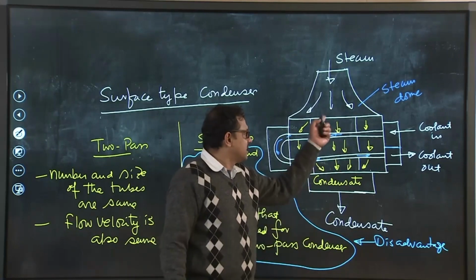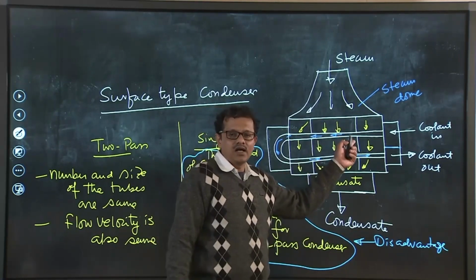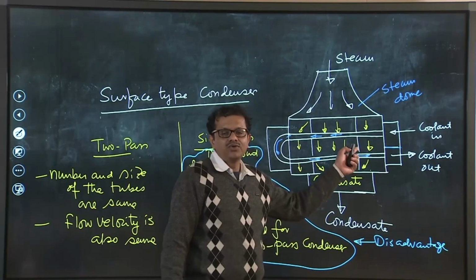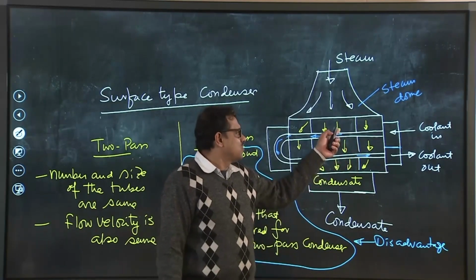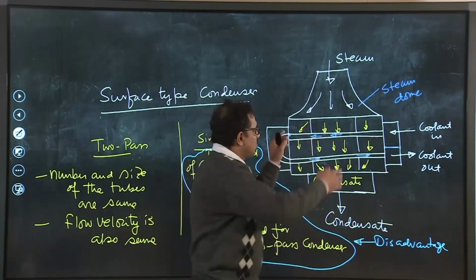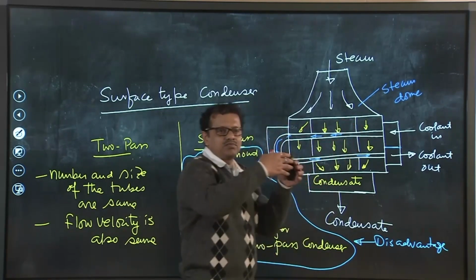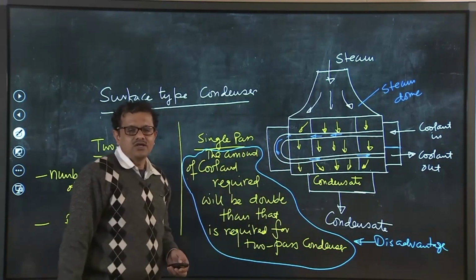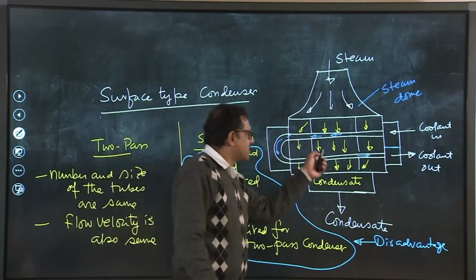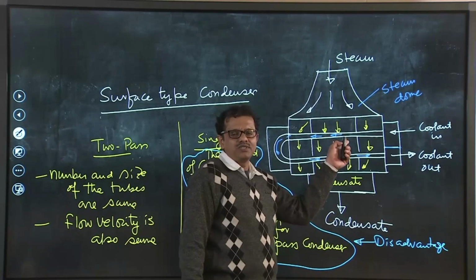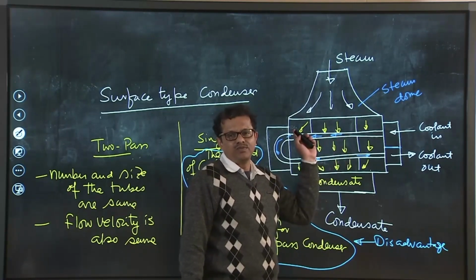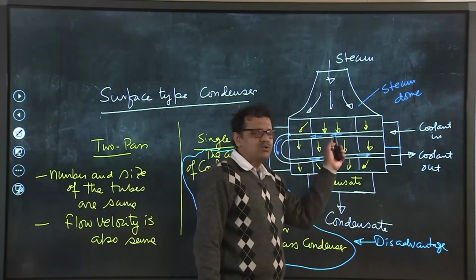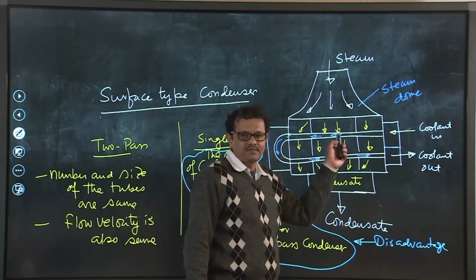That means the entire unit will run or operate at a pressure which is way less than the atmospheric pressure. So, though all these parts are connected through mechanical components, since the unit is running at a pressure way less than the atmospheric pressure, air leakage problem will be there. So, air will leak into the condenser through different joints.